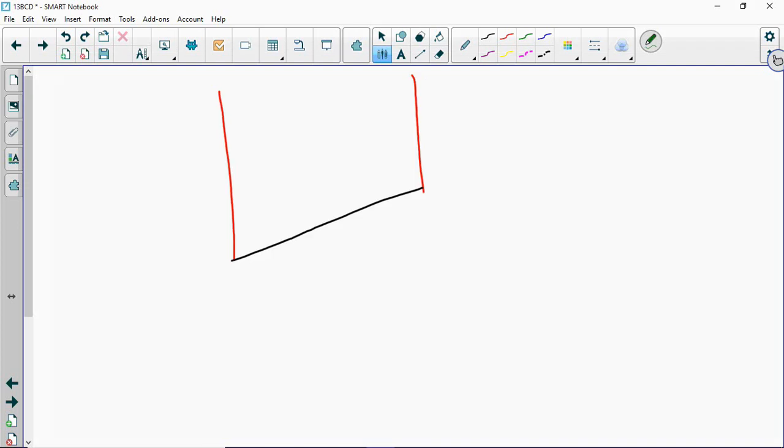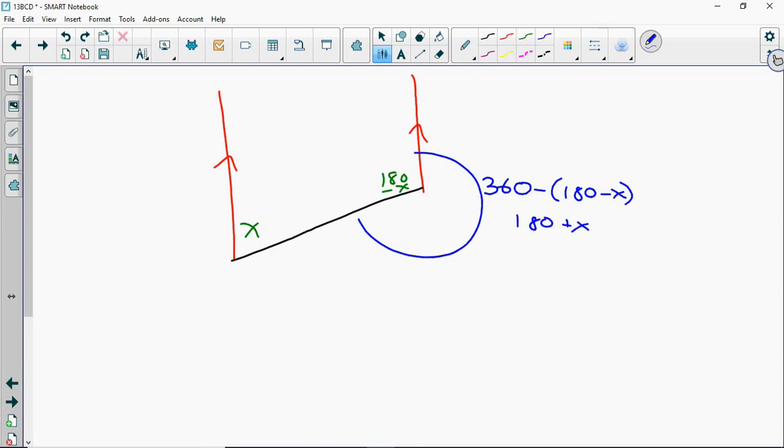Seen more generally, we have two parallel lines. We've got an angle x here. That means this angle has to be 180 minus that original angle, which means that this angle here needs to be 360 minus (180 minus x), which is going to give us 180 plus x. And that's exactly what we saw in the previous case.